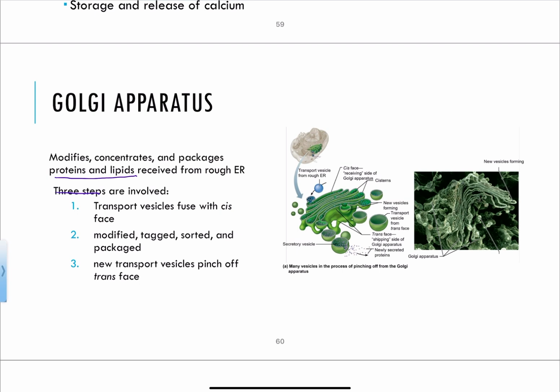The Golgi acts kind of like a post office where these proteins and lipids come in. You basically put a stamp on it, you put an address on it, and you ship it away. So the Golgi is responsible for modifying, tagging, basically putting a location to where it needs to go, organizing it, and then shipping it off.